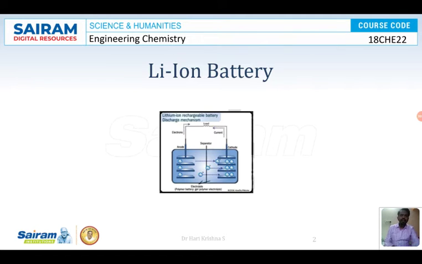Here we have the anode and cathode. The anode is made up of lithium cobalt oxide, and the cathode is graphite. Both are layered solids and can accommodate metals and their ions between their layers. So what happens during oxidation?